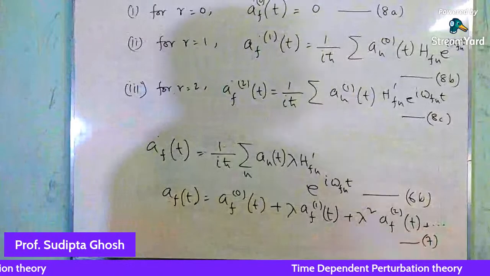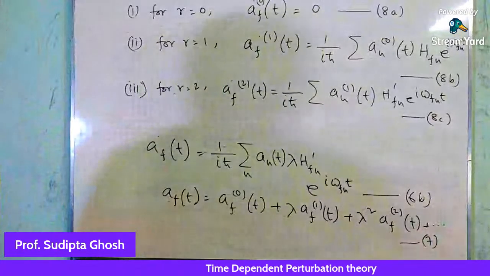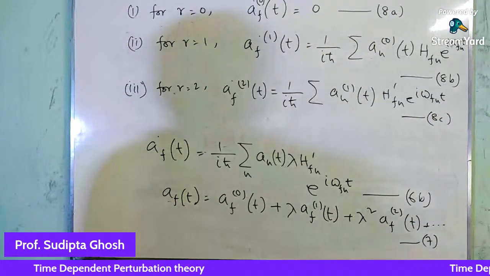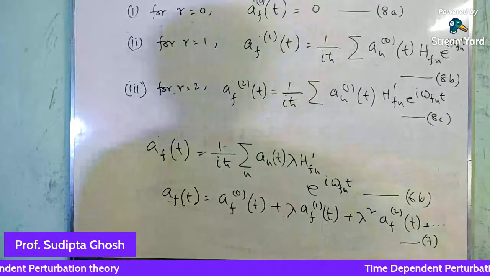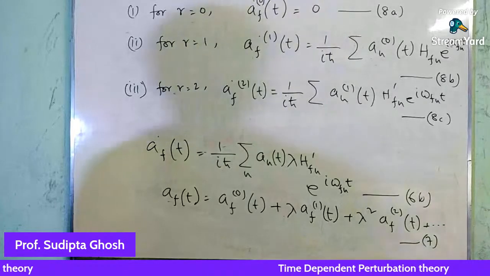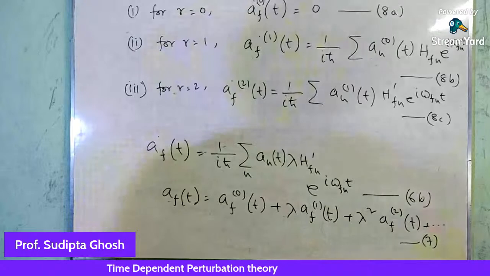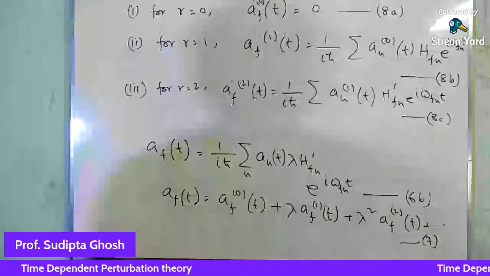Now what we have found from these three equations, from relation 8a, we can conclude that as a_f dot 0(t) equals 0, it means a_f0(t) is a constant.